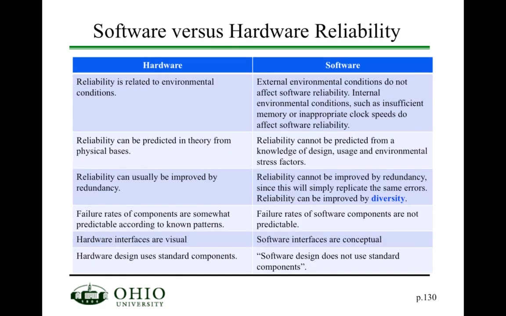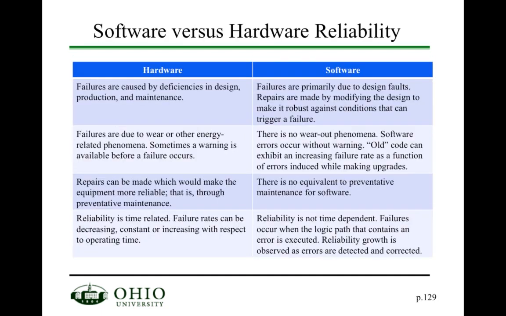The next two slides talk a little bit about software and hardware reliability and the difference between both of them. Basically, the stuff we've talked about so far is really hardware oriented. Of course, failures there are typically due to some deficiencies in design, production, or maintenance, or the reliability just decreases as a function of time.